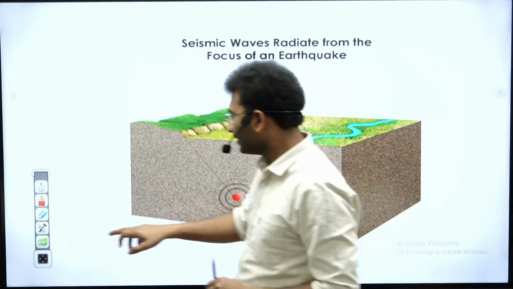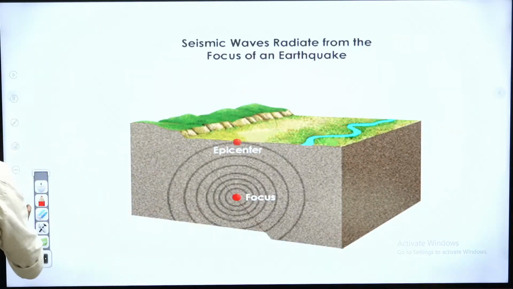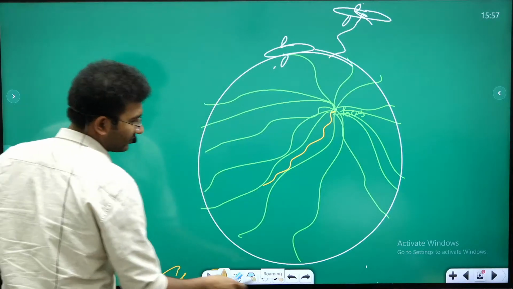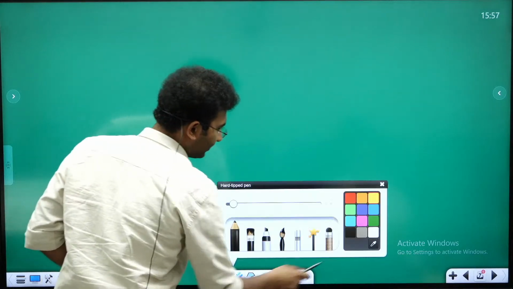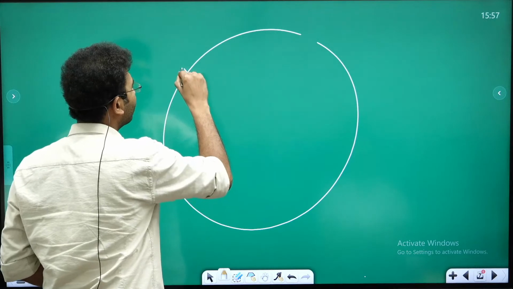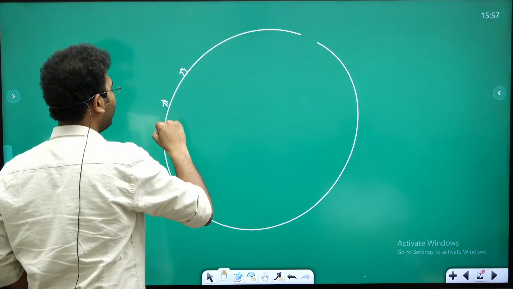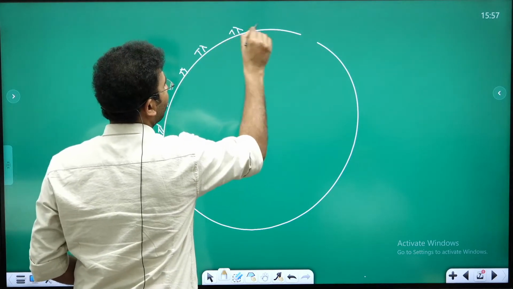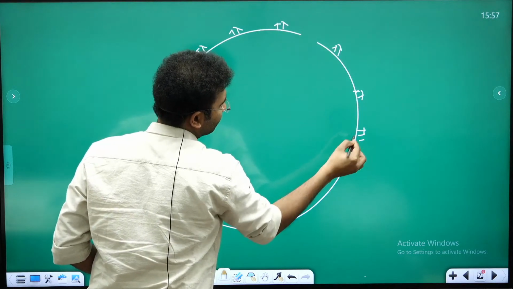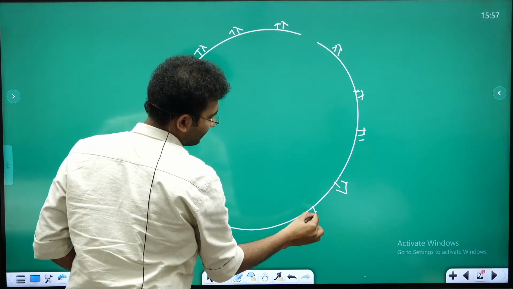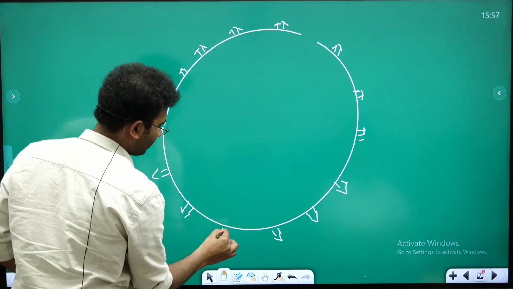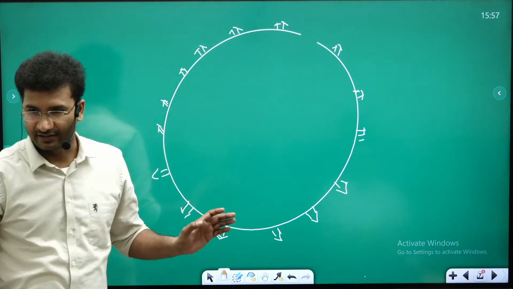See, now by using these methods, what did we do? We kept our seismographs. Imagine this is your earth. On the earth, today, you have seismographs placed at every important place. Imagine these are the seismographs, the machines that we have seen.